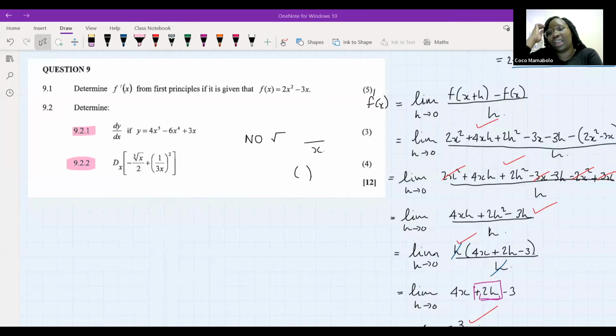Negative 2 over 9 x to the power of, check that negative 3 there. Okay, yeah, but everything else you're spot on, but remember, you still have to differentiate. You still need to do that. Okay. Yes, there we go. Okay, correct, Linda. Well done.